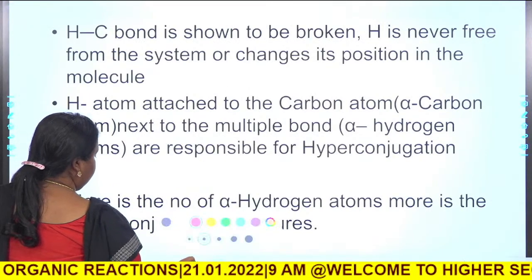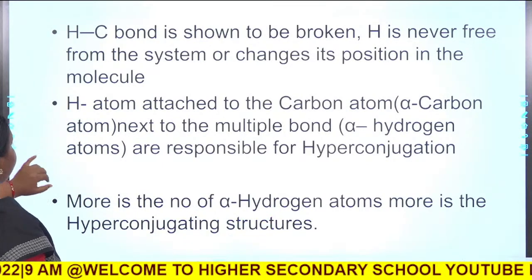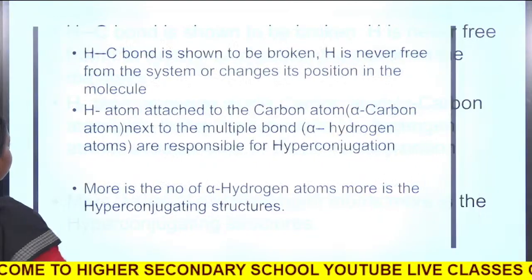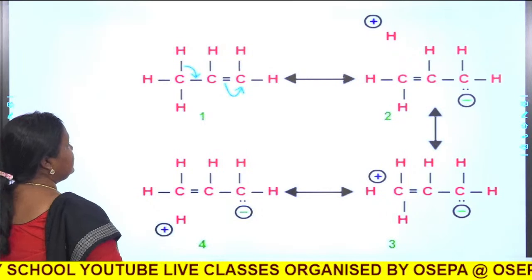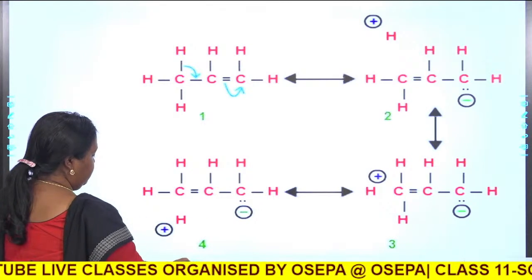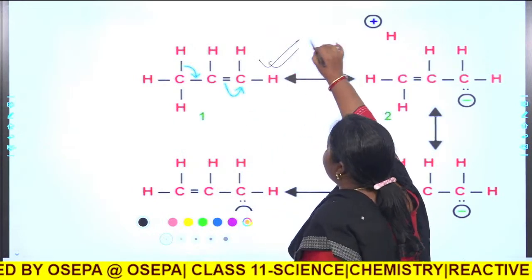Mark it. The hydrogen that we wrote earlier, this hydrogen actually, this is the hyperconjugating structure.